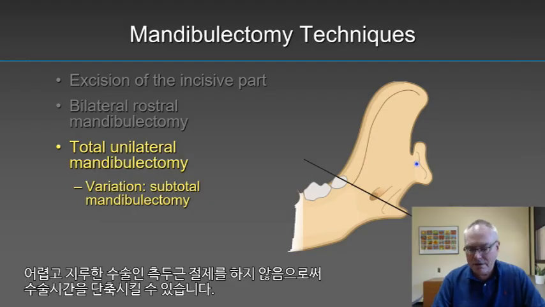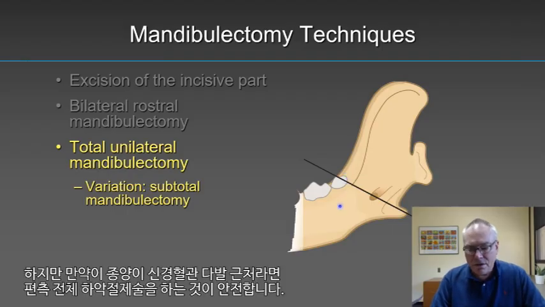Now by doing that, you avoid having to dissect the temporal and the masseter muscle off the bone, which is a tedious and rather difficult procedure. So by doing that, you really cut down on your surgical time.